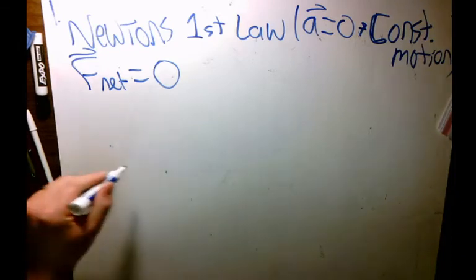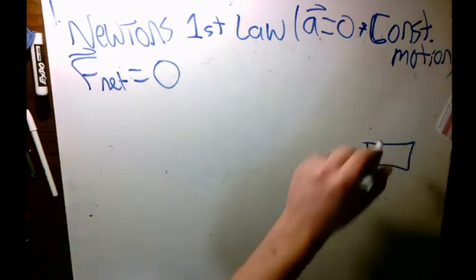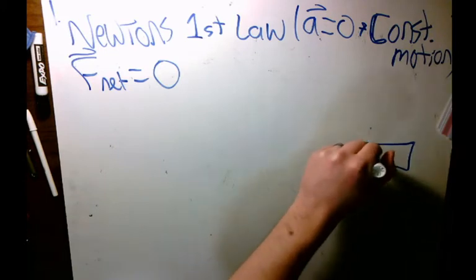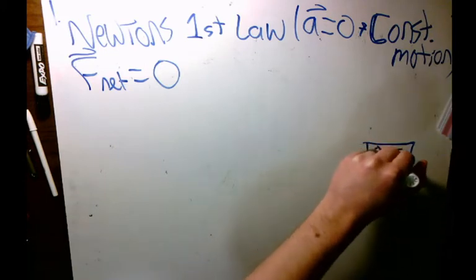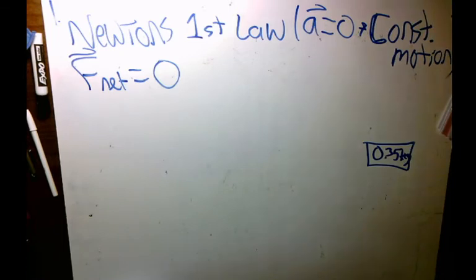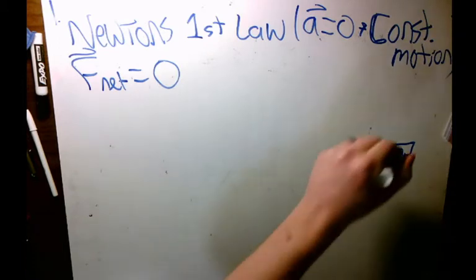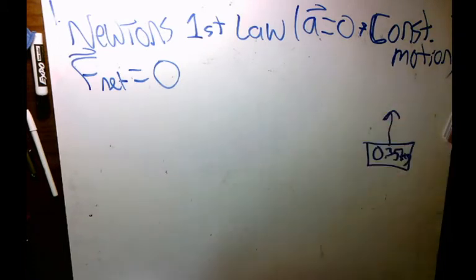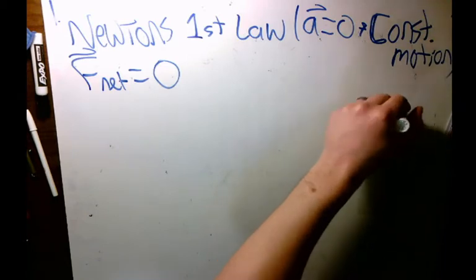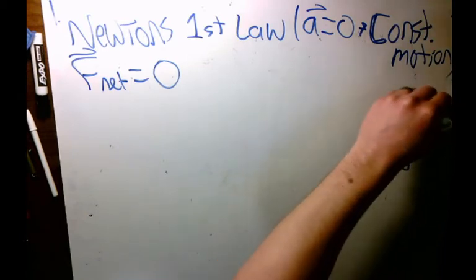Okay, so I'm going to draw out my free body diagram of this. I'll convert it to kilograms because those are our standard units. So we have 0.35 kilogram object. We know that there is a force acting upward on it. So it's pulled up with this force of 8.7 newtons.